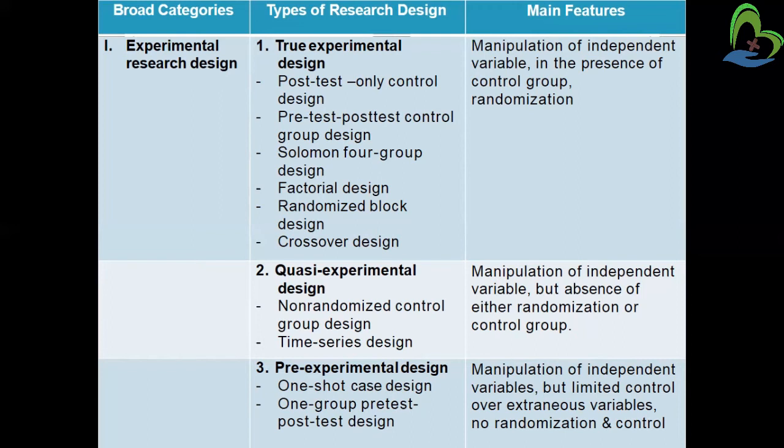So it measures the effect of the treatment on the group, based on the state before the beginning of the experiment, that is the pre-test, and after the end of the intervention. An example is the stress coping resources of associate degree nursing students.